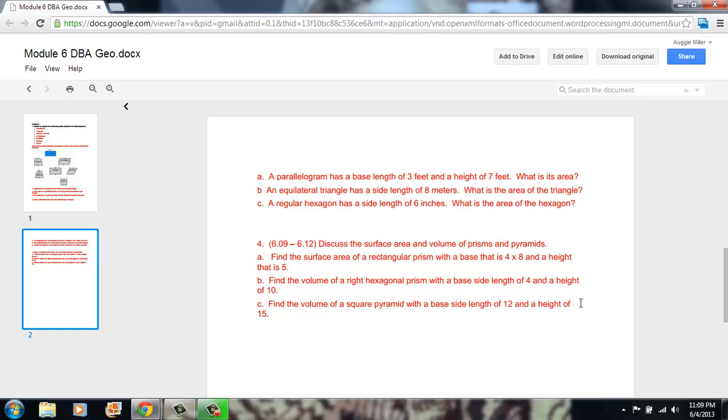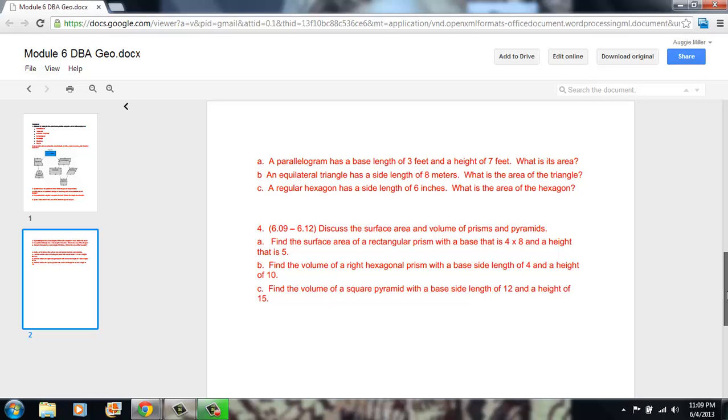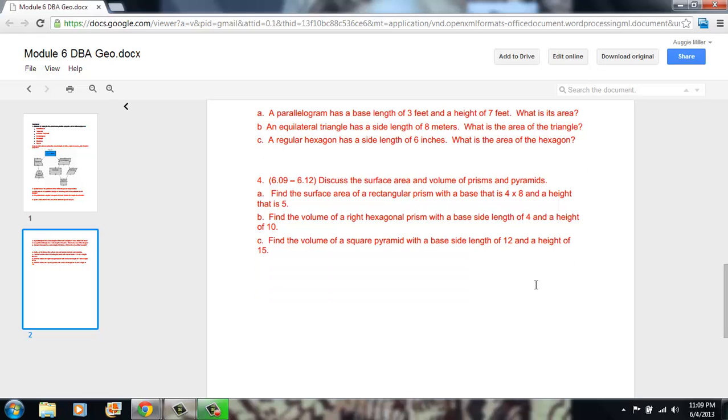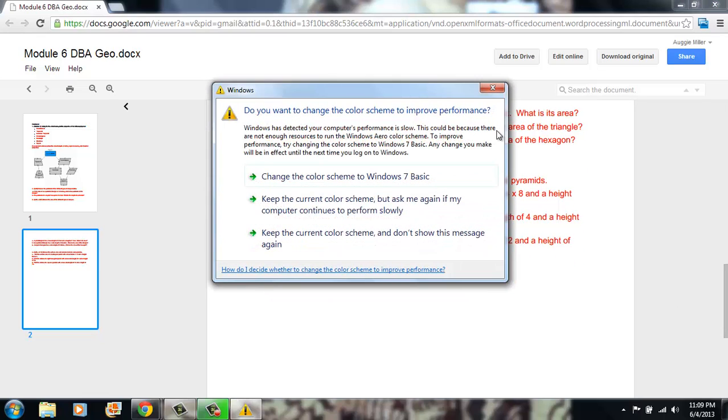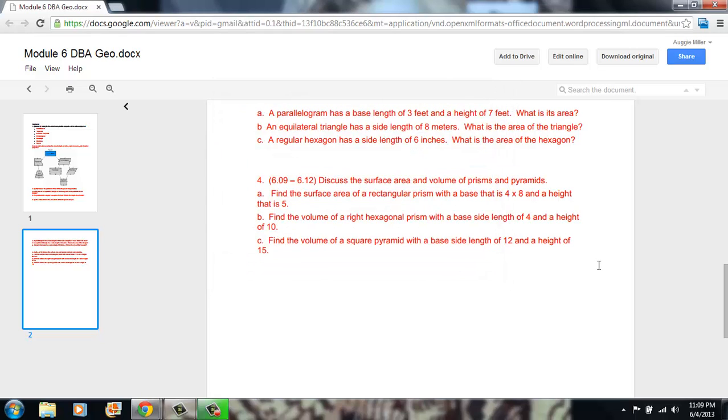Alright, so here's the last problem, number 4. Discuss the surface area and volume of prisms and pyramids. So part A, find the surface area of a rectangular prism with a base that is 4 by 8 and a height that is 5.